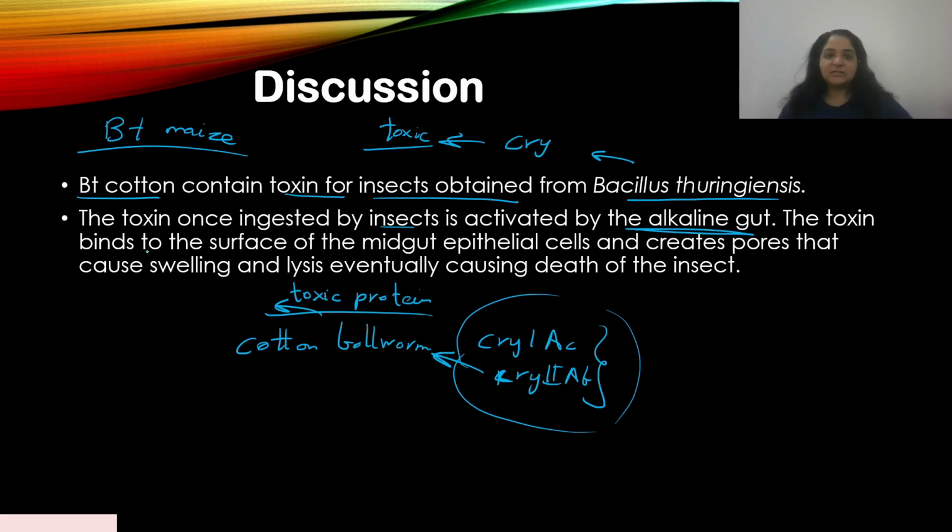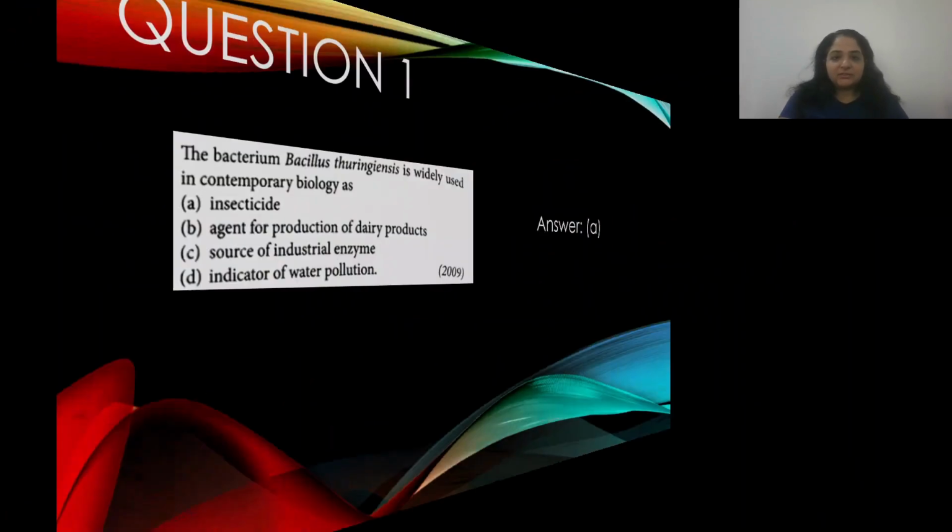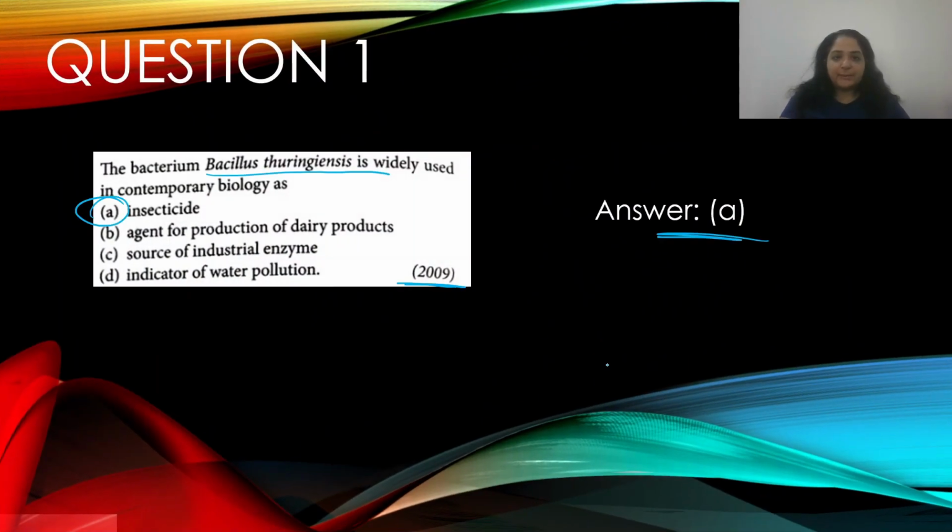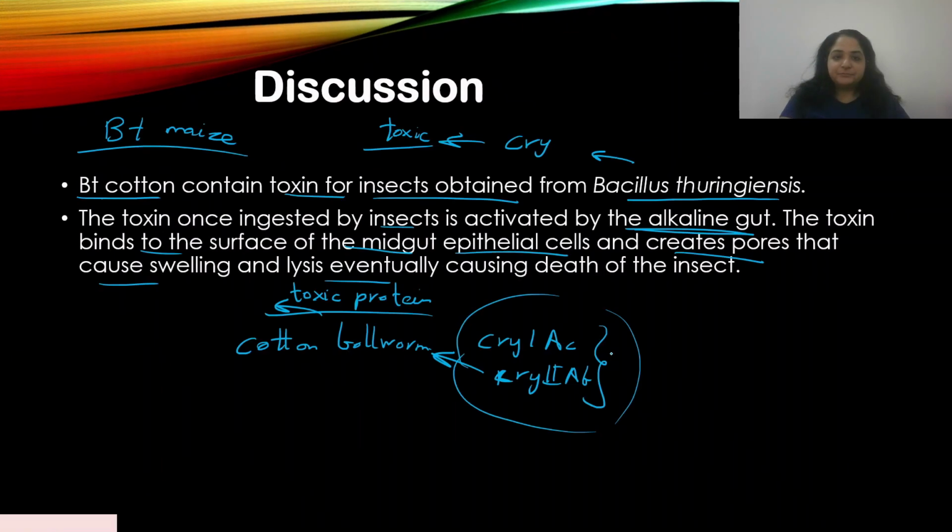It binds to the surface of the midgut epithelial cells and creates pores that cause swelling and lysis. This is how the toxin kills the insect. All right, clear? I think I've answered the question. Okay, let's move on then.